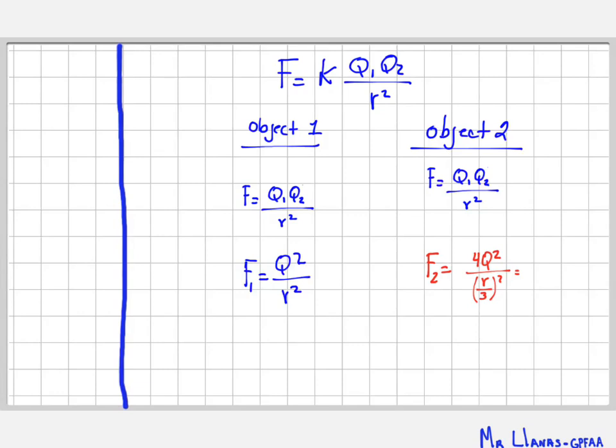And if the distance is decreasing, that means the force is going to go up as well. So that's a double increase of the force. So that means 4 squared is 16q squared. If you do the math, that's what you get. And then you've got to divide 16 by 1/9. So what that gives you is 144 times the original force. That's what it does when you use only a third of the distance and you increase the charge.